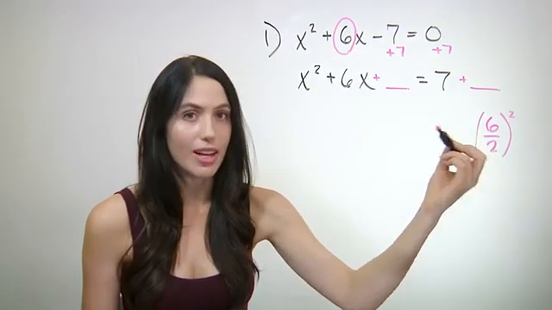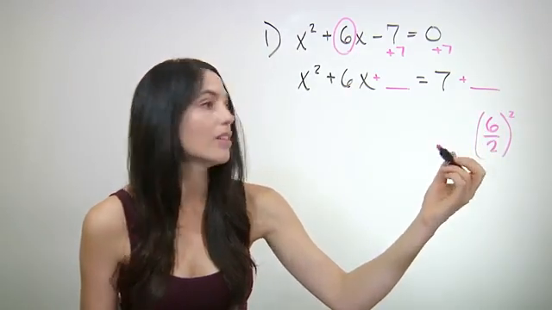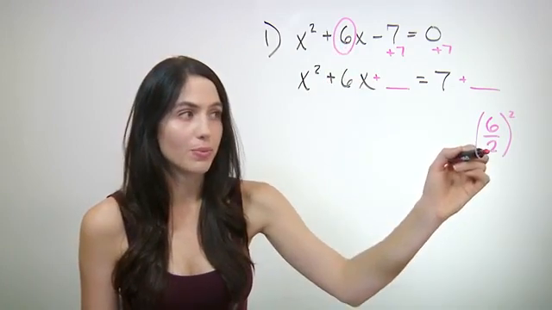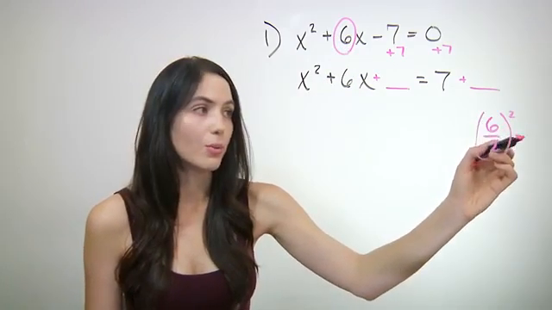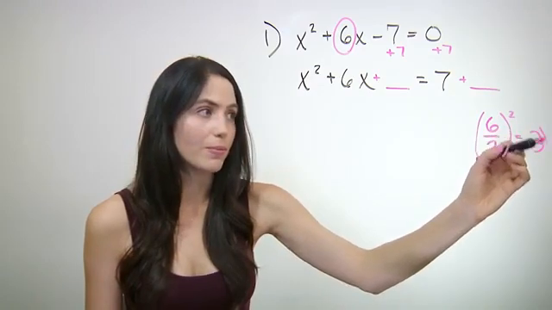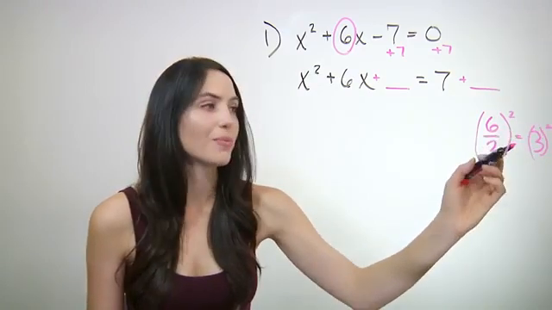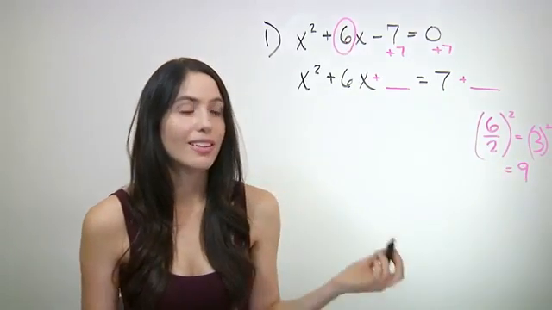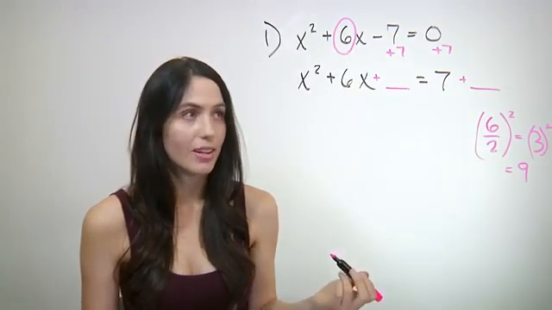And that will be what you'll add to the left and right side. So in this case, it's 6 divided by 2 squared, which simplifies to 3 squared, which equals 9. So we'll be adding 9 to the left side and the right side.